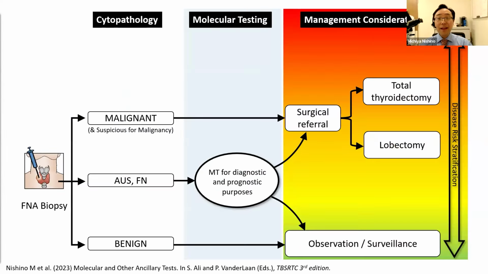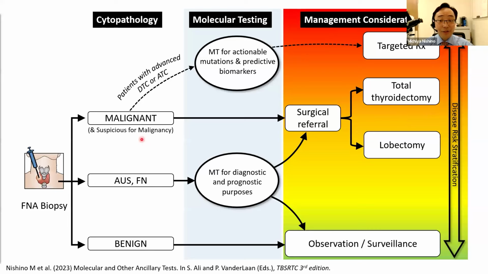So in summary, in terms of molecular testing, keep in mind that in addition to this very well-established role of molecular tests for risk stratifying these indeterminate thyroid nodules, the well-characterized associations between a tumor's molecular profile and their prognosis can be used to guide decisions regarding the extent of surgery, lobectomy versus total thyroidectomy. And finally, in patients with advanced thyroid cancers that are not candidates for the standard surgical or radioactive iodine treatment, we're starting to see an emerging role for molecular testing in the selection of targeted therapies as well.